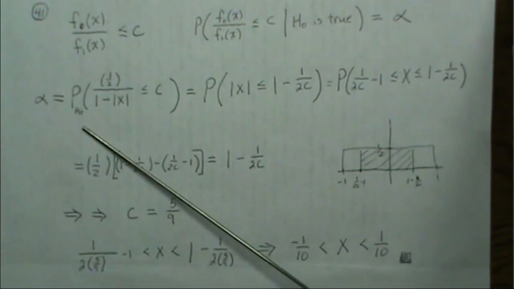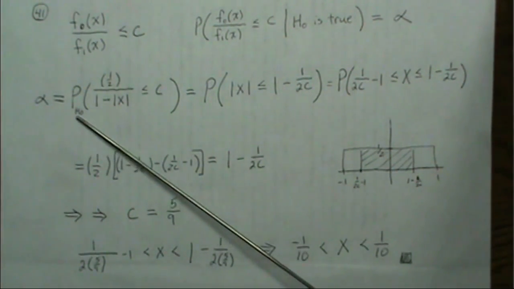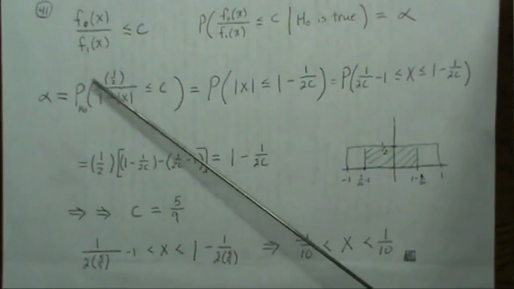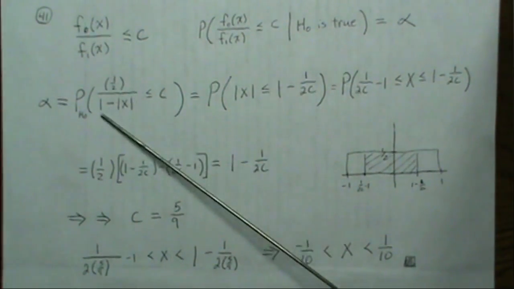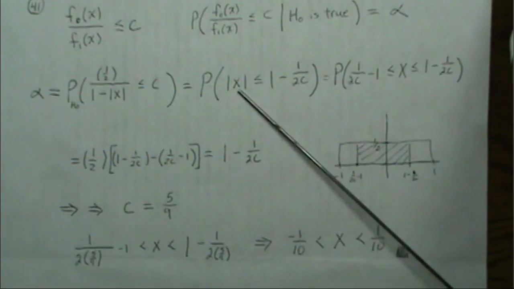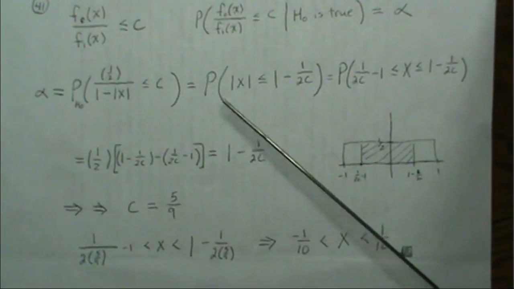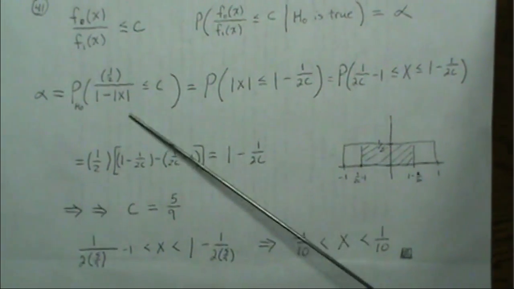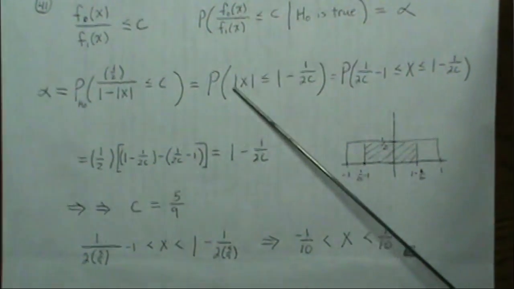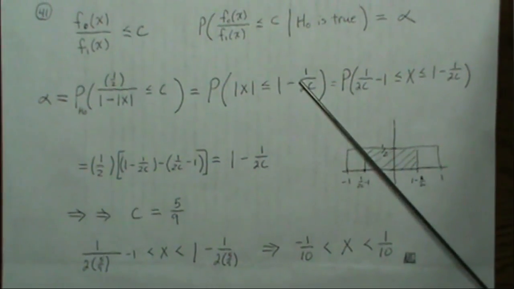And so to set this up, let's look at the probability that this density, plug in the null, and the alternative is less than c, which is equal to, you kind of multiply up and down and back, and you get the probability the absolute value is less than this.